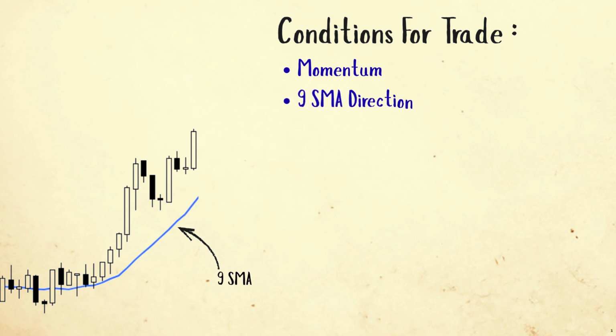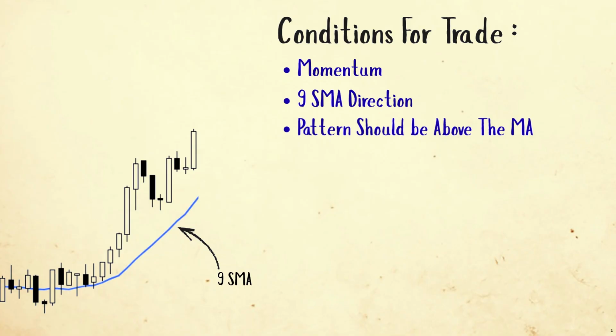The second condition is the direction of the 9-period simple moving average. The moving average should be pointing clearly upward. A flat or downward sloping moving average reduces the quality of the setup. The third condition is that the double morning star pattern must form above the moving average. The pattern should not touch the moving average.